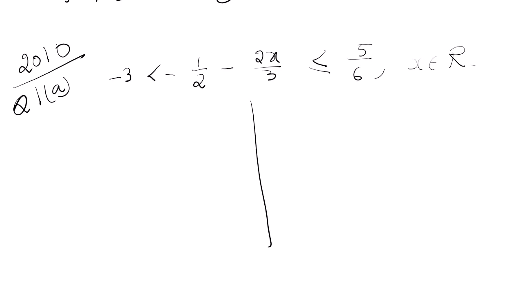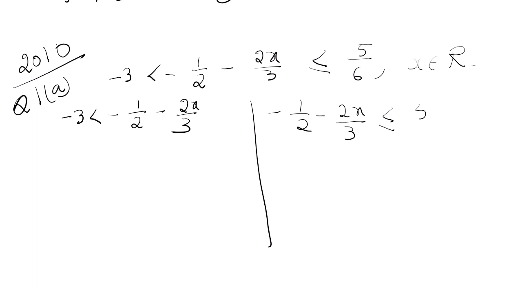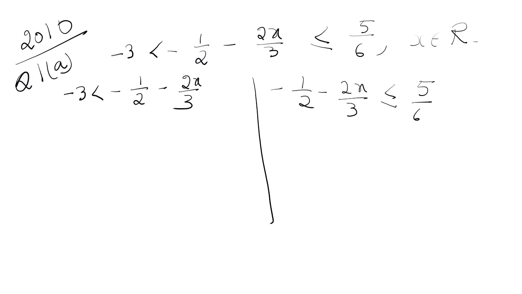So again it has two parts. Minus 3 less than minus half minus 2x upon 3, and minus half minus 2x upon 3 is less than or equal to 5 upon 6. Okay, so minus 3, and when minus half comes, this side will become plus half, is less than minus 2x upon 3.